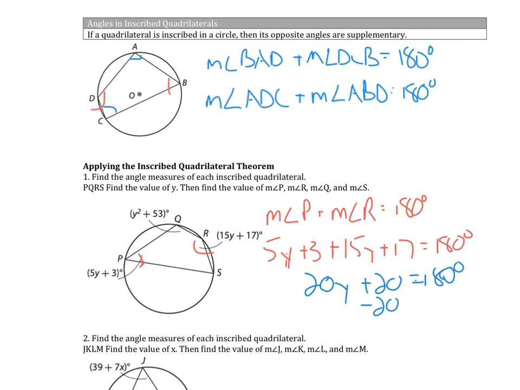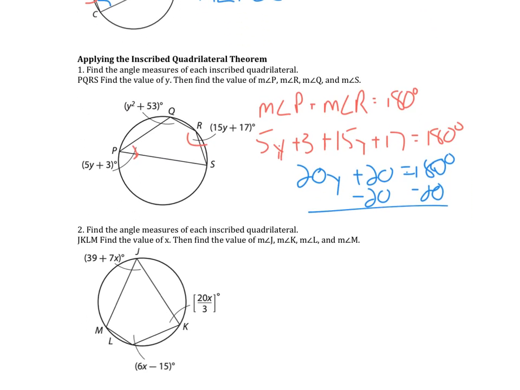Subtract 20 over, and we get 20y equals 160. Divide by 20, and y equals 8. So now we know what y equals.